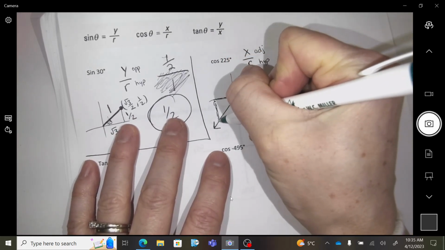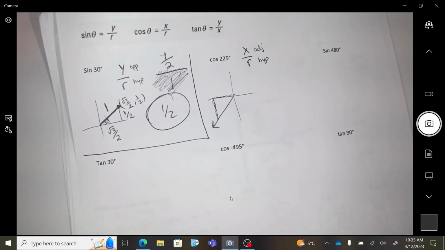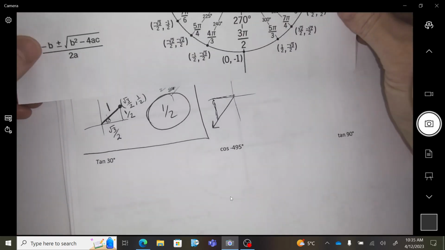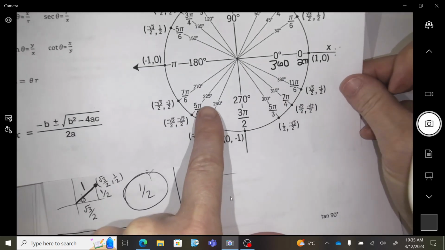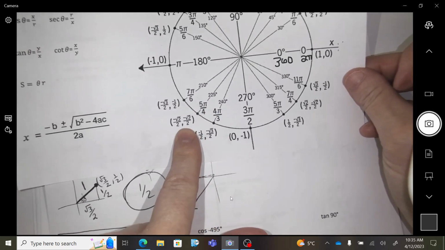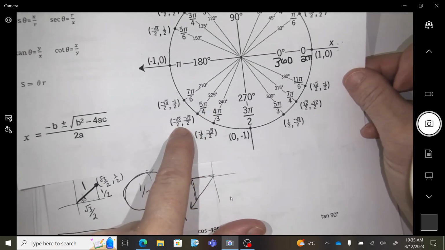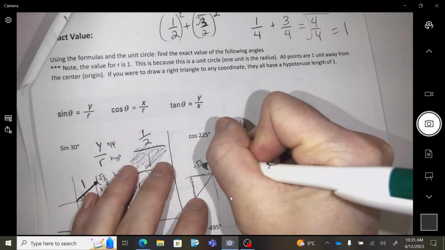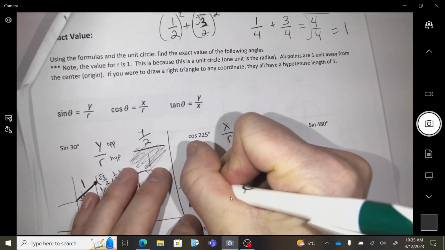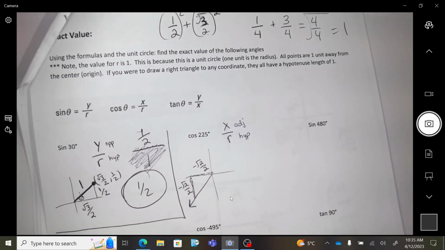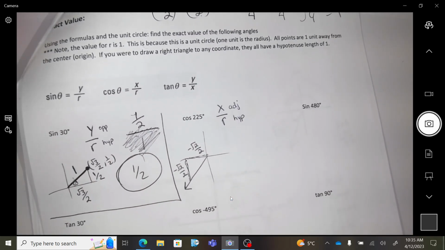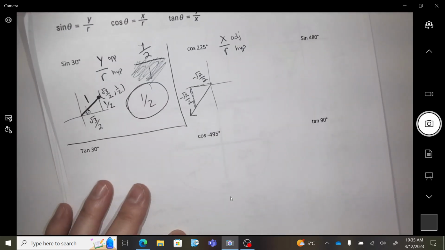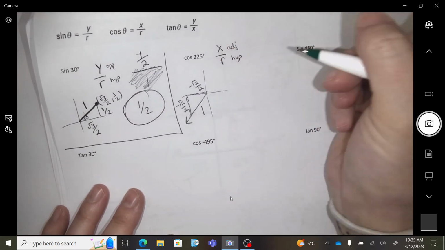If I had a triangle with 225, the x is negative root 2 over 2, the y is negative root 2 over 2, and the r is 1.